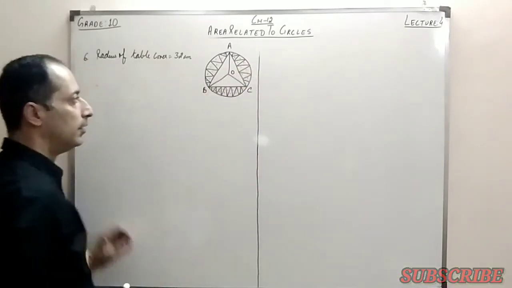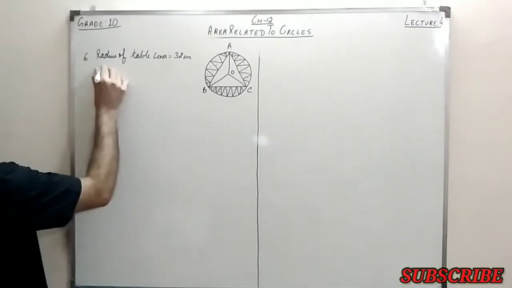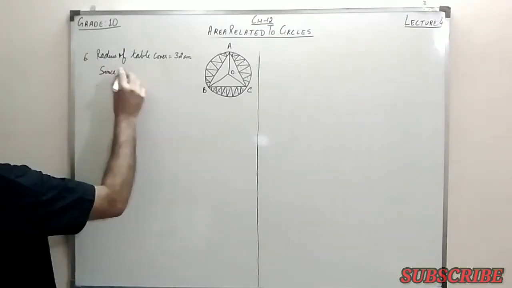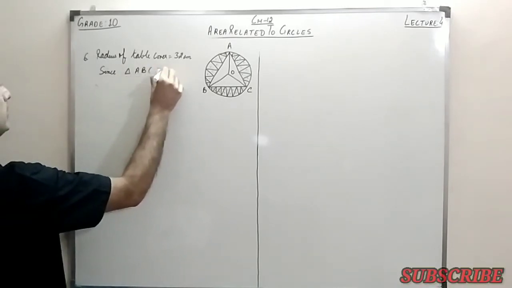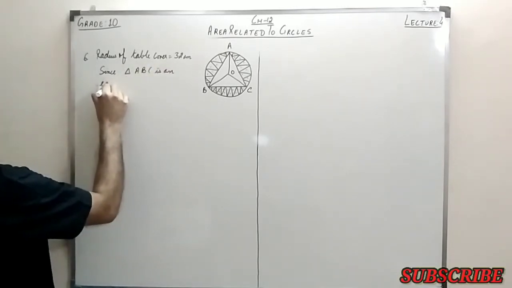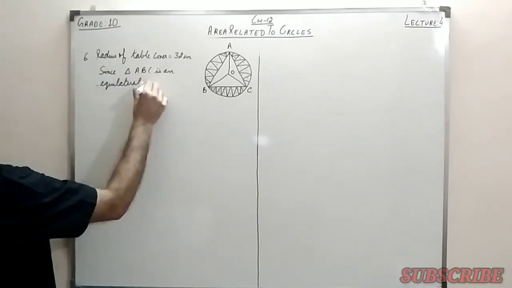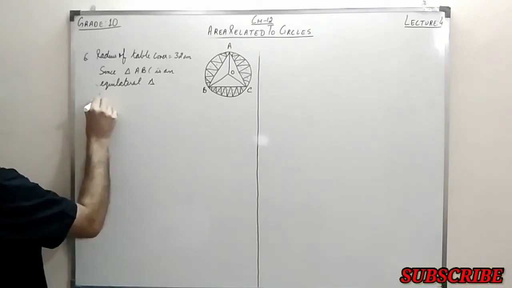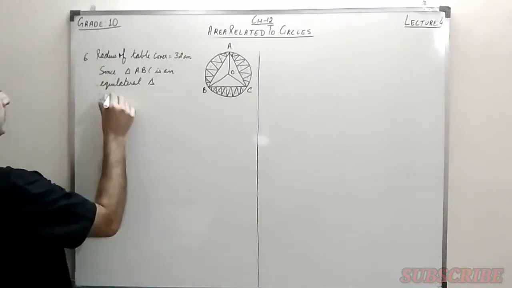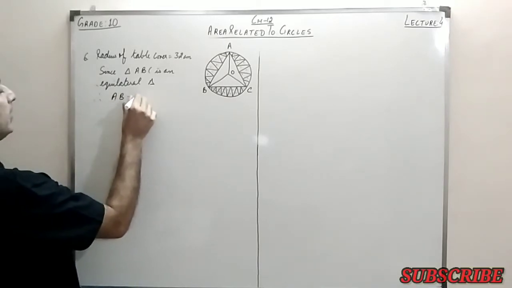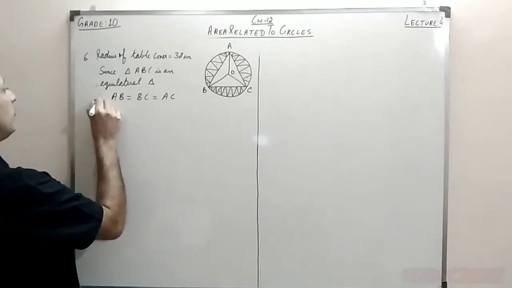This is O. Now we know, since triangle ABC is an equilateral triangle, therefore AB, BC and AC are equal. Obviously, since the triangle is an equilateral triangle, the sides would be equal.